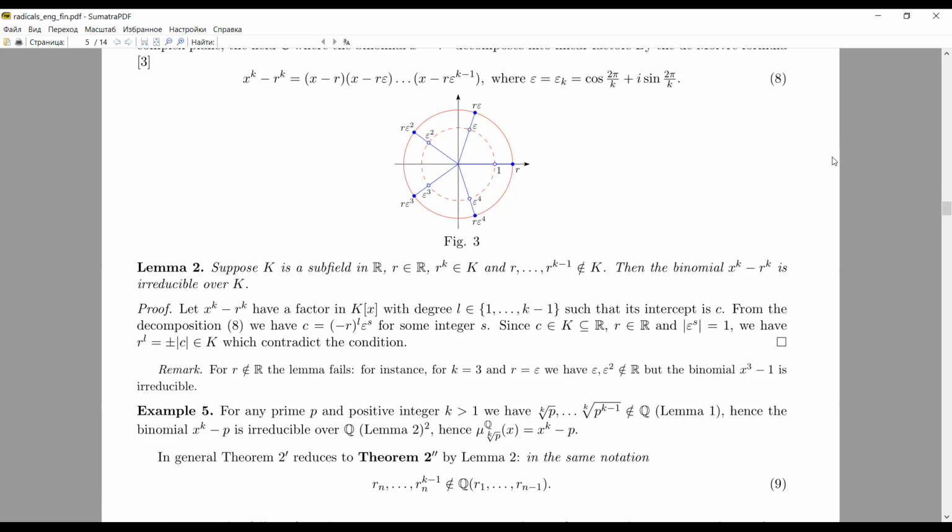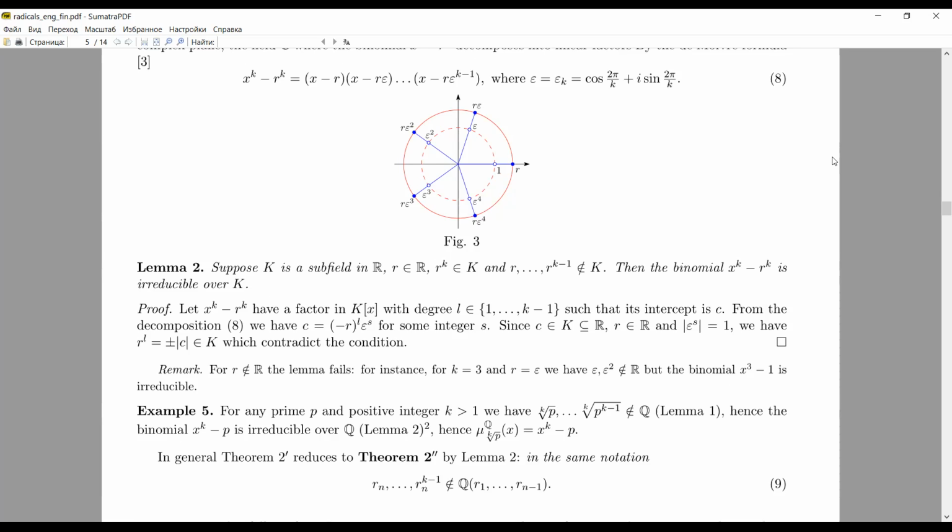Then we consider its free term, let's call it C. As we see in decomposition 8, C equals some power of minus r and some power of a primitive root of unity, epsilon.